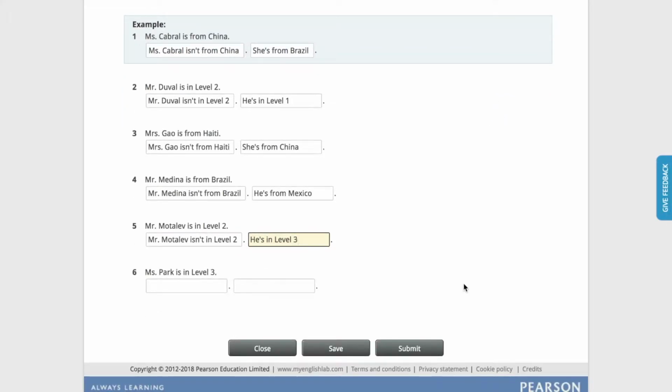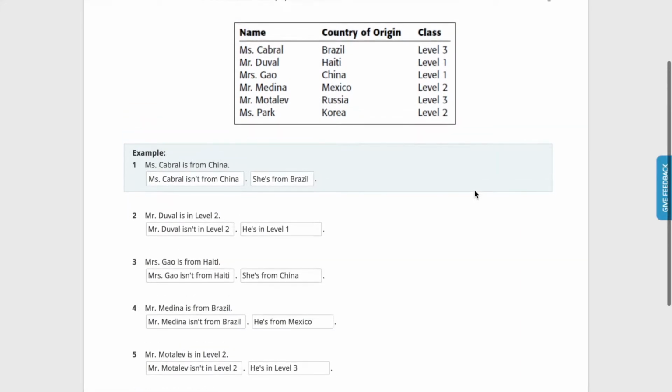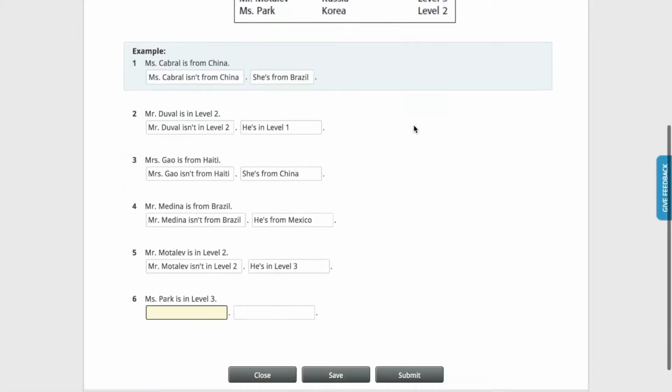We have all this information coming from this chart where it has a list of names and what country of origin and what class they're in, English as a second language. So this chart has a lot of information. Let's finish up with Miss Park. Now, Miss Park, we don't know if she's Mrs. and we don't know if she is Miss.